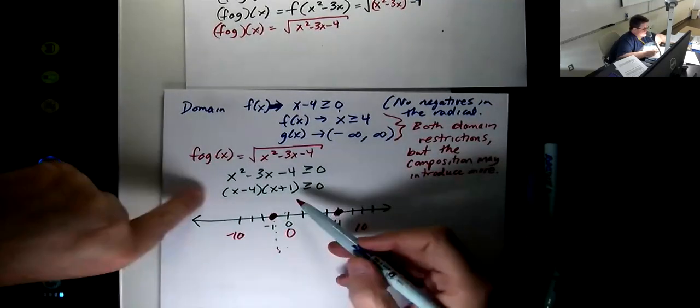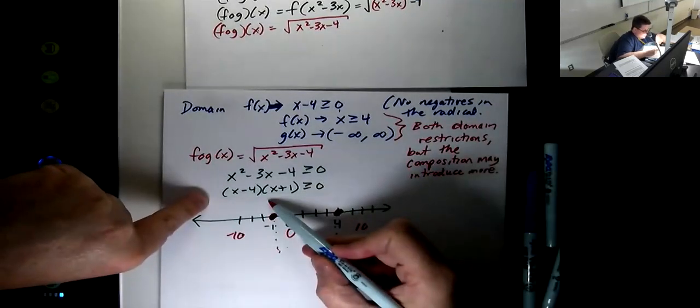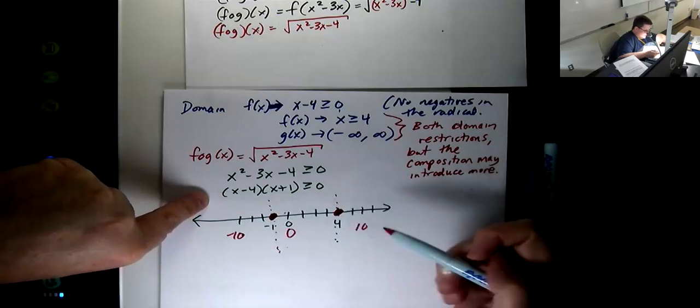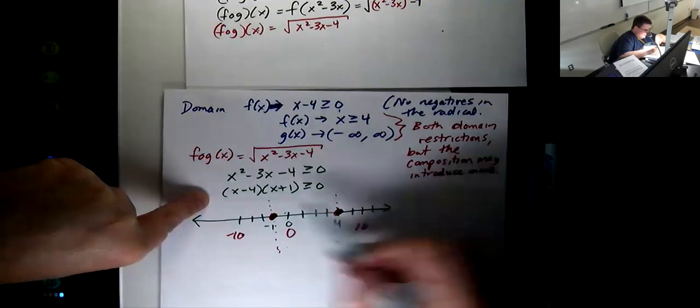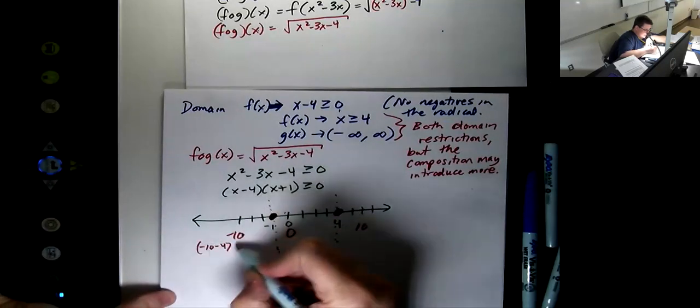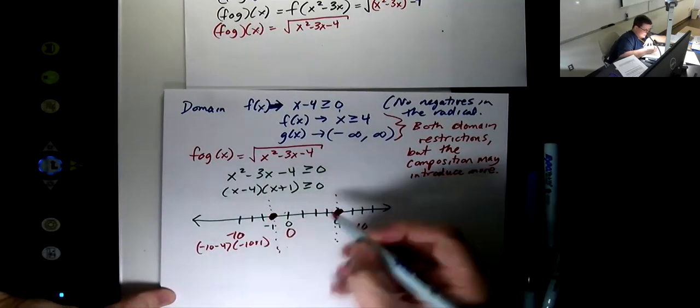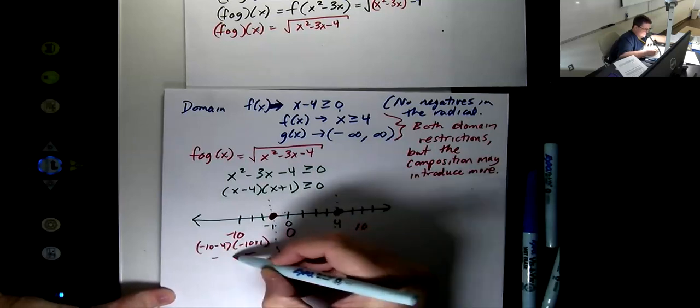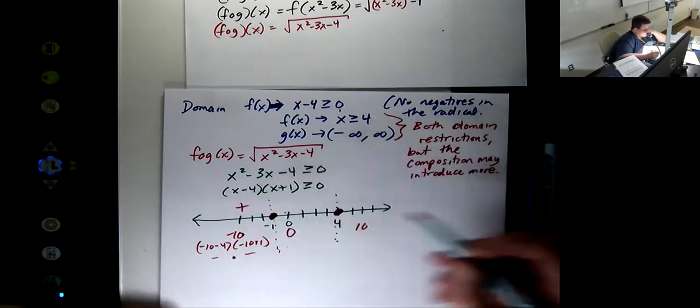We did this a little while ago. With -10, we have -10 - 4 and -10 + 1. This is a negative times a negative, which makes this region positive.